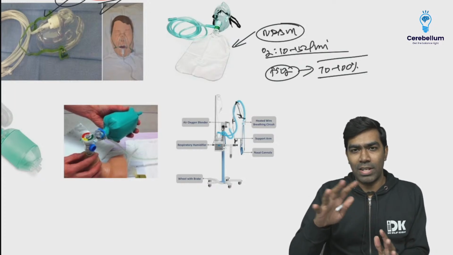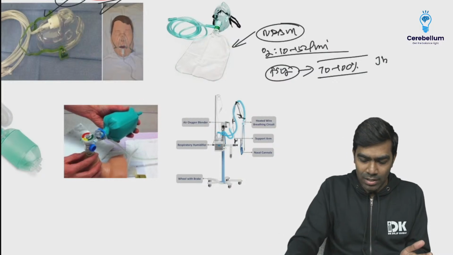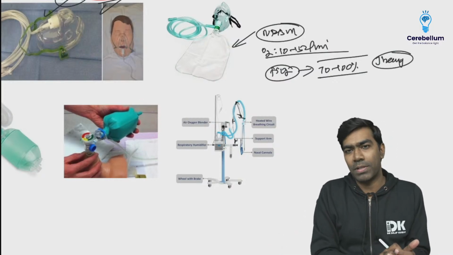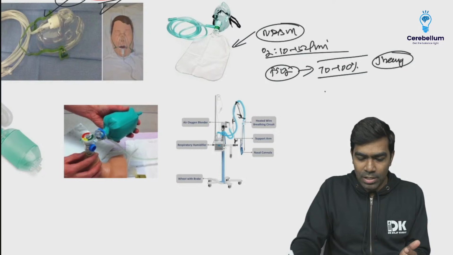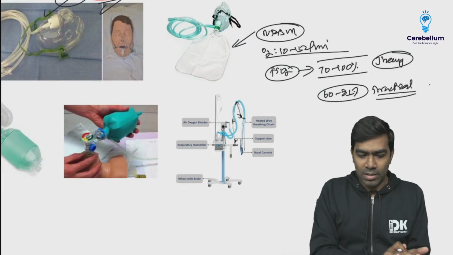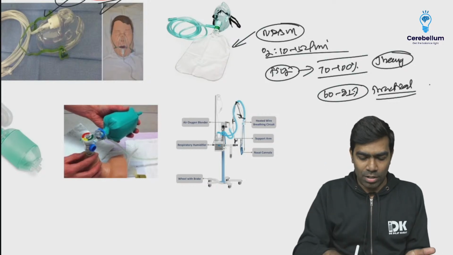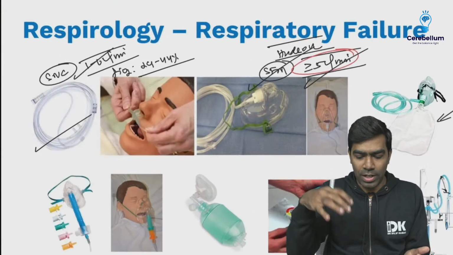If it's a single valve, 70 to 85%. If it's 2 valves, 85 to 100%. This is theoretically. But practically speaking, it is only 60 to 85%. Not more than, because of the leak of oxygen outside and the atmospheric air entrainment.